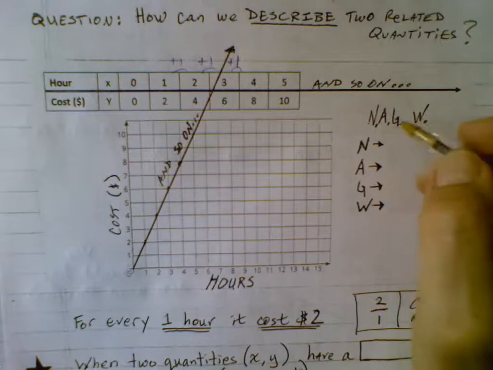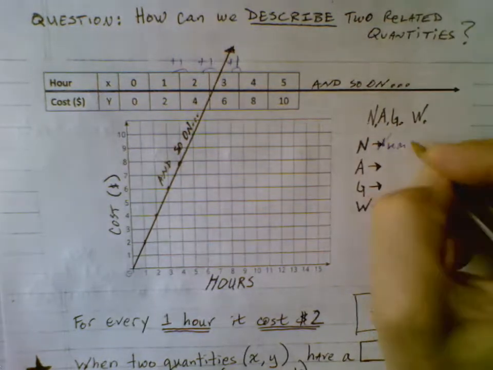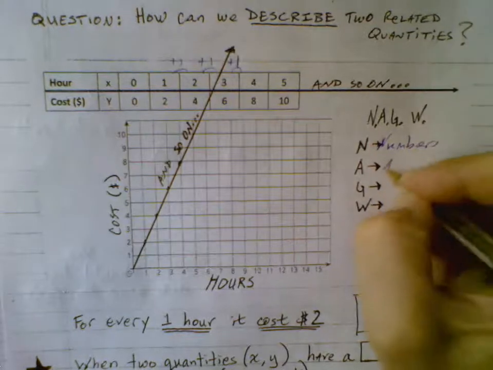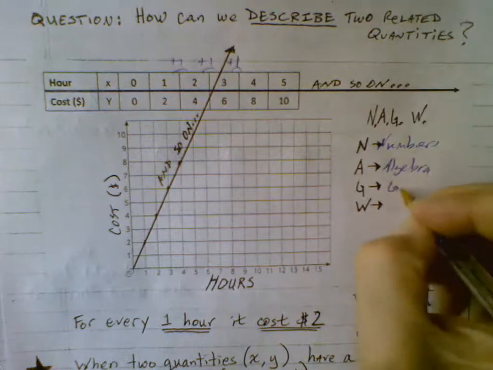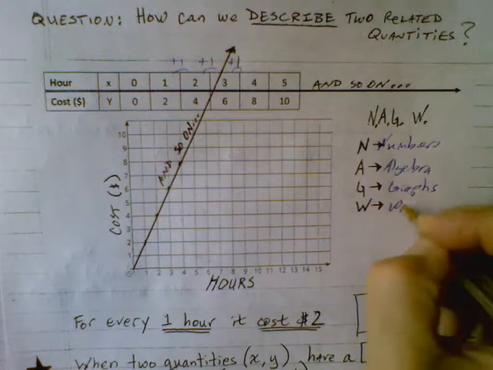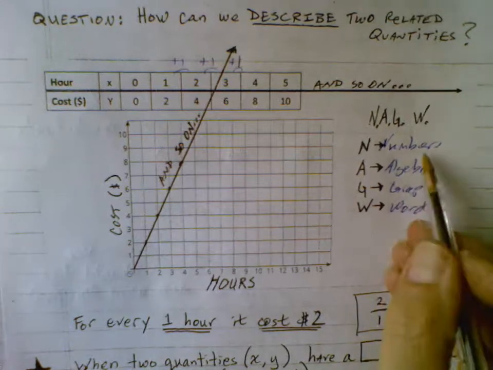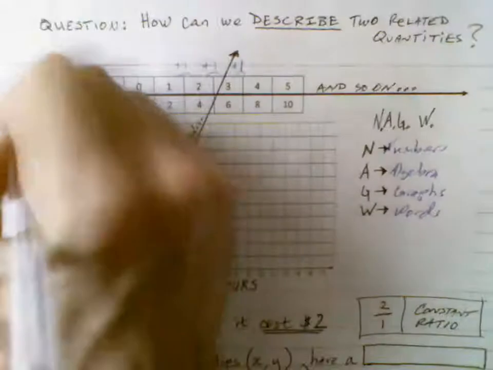We talked about how, I mean to nag you, that we want to see things with numbers, algebra, graphs, and I'm adding W. We also want to do it in words. So the table is like numbers here, right?